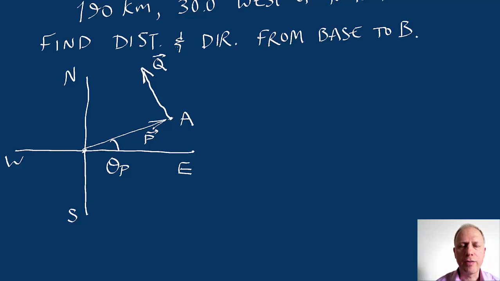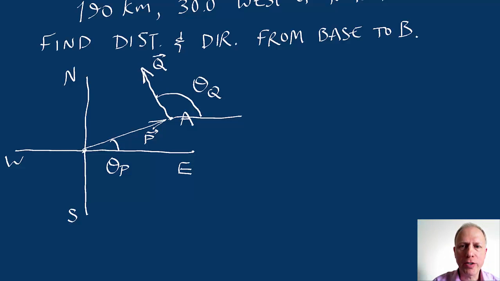And the direction angle of the vector Q should be measured from the positive x direction, which means it should be measured from a line like this. We need to find the angle here, theta Q, for our calculations. Now we were told the Q points 30 degrees west of north, so it's 120 degrees counterclockwise from east, or from the plus x direction. Theta Q will be 120 degrees.